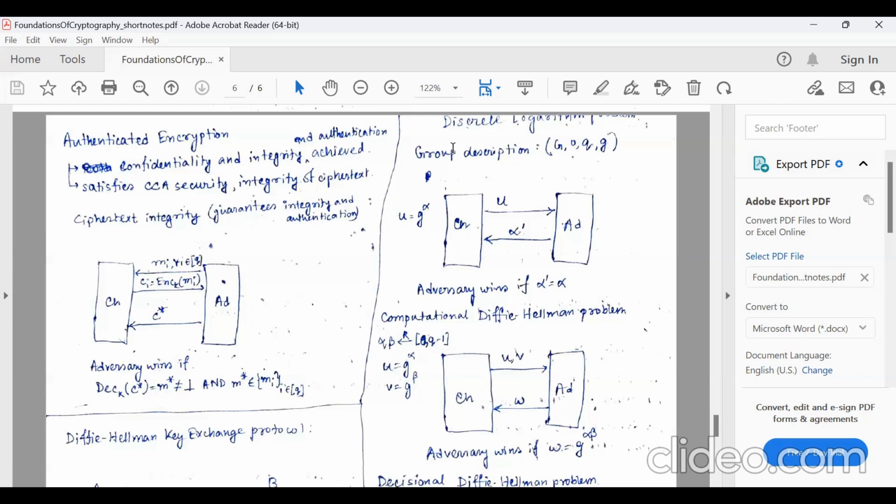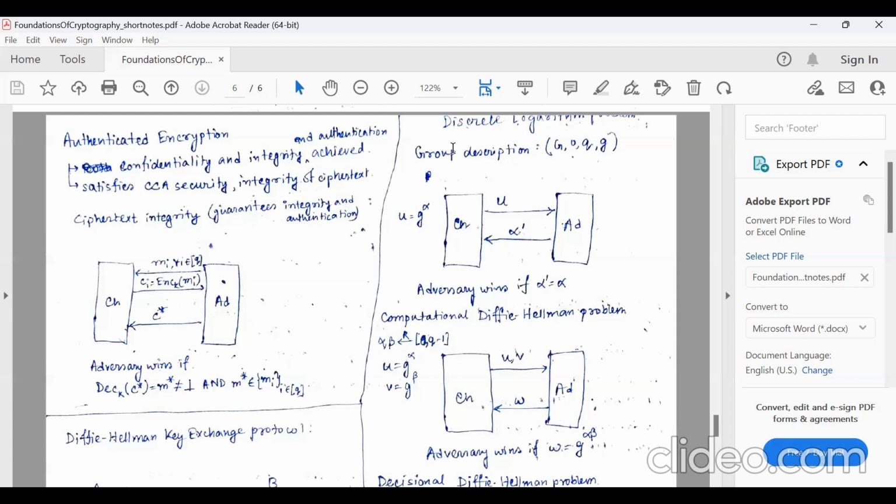Here, the challenger sends the adversary two group elements from the group capital G. Let's say these two elements are u and v, where u must be g to the power alpha for some alpha in 0 to q minus 1, and v must be g to the power beta for some beta in 0 to q minus 1.